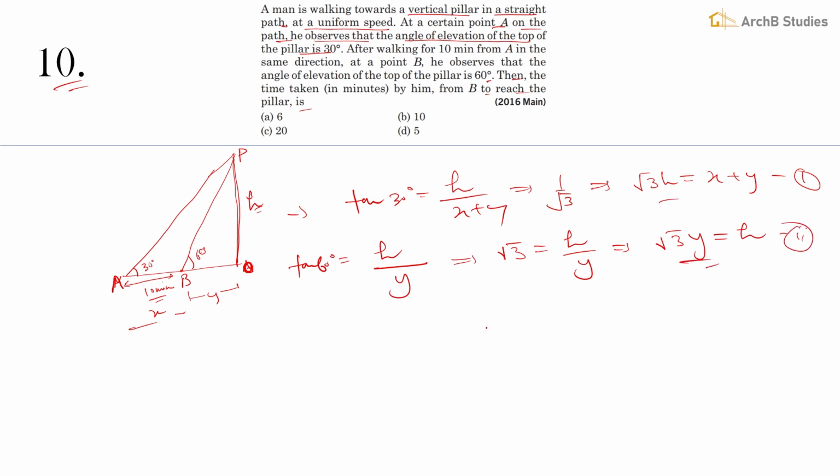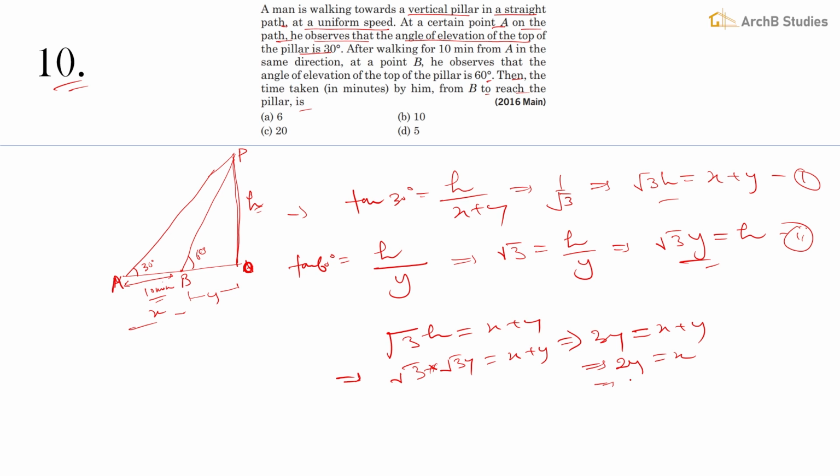Putting this value in this one: root 3 H equal to X plus Y. H is root 3 Y, so root 3 into root 3 Y, which is 3Y, equals X plus Y. So 2Y equals X, Y equals X upon 2.